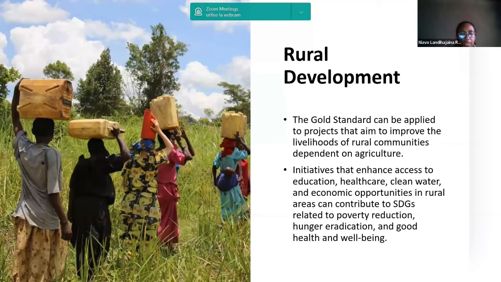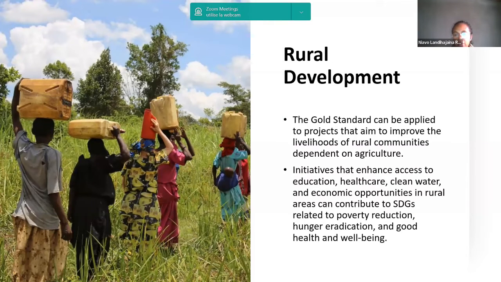The Gold Standard also helps with rural development. In fact, the Gold Standard can be applied to projects that aim to improve the livelihoods of rural communities dependent on agriculture. Different countries, especially in Africa, can apply for the Gold Standard.